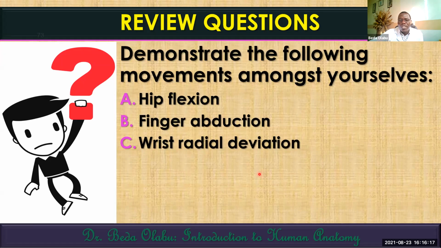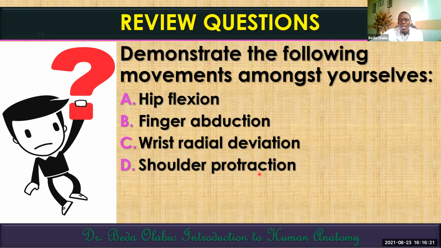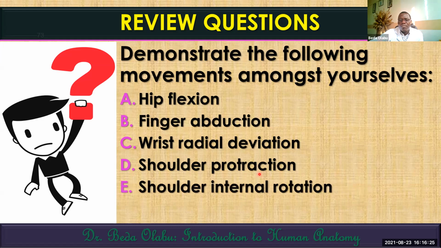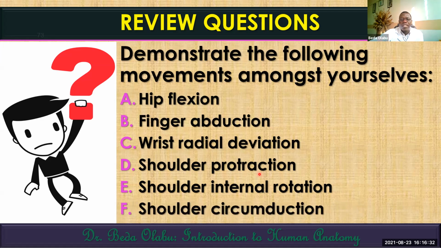How would you demonstrate a wrist radial deviation? How do you protrude the shoulder? How will your shoulder do internal rotation? And lastly, circumduction of the shoulder. I think that one I've already shown you.